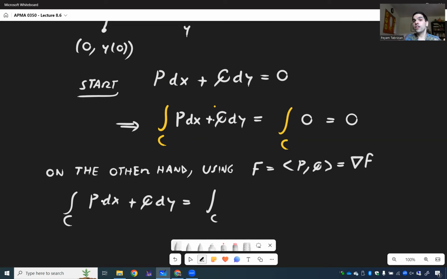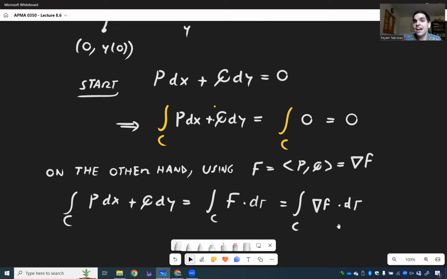By definition of P dx plus Q dy and F being that vector field, that is the same thing as the line integral of F over the curve. But now we know that F is actually a derivative. So it's the integral of the derivative of little f.